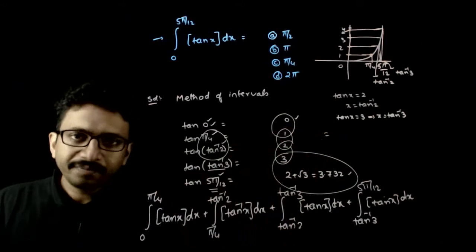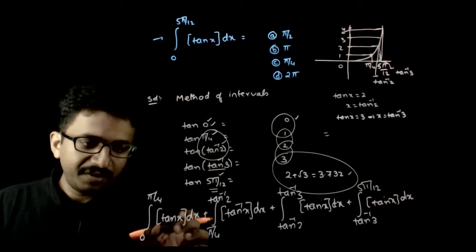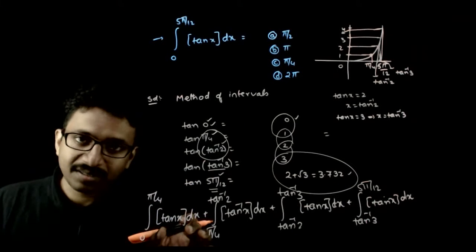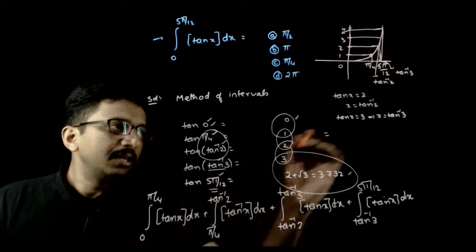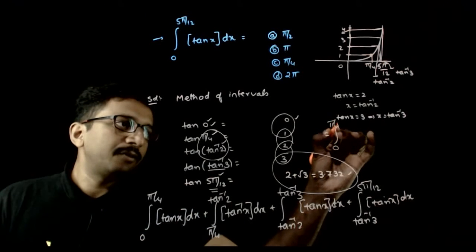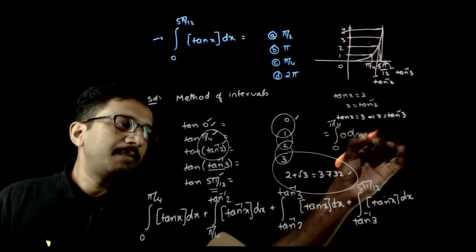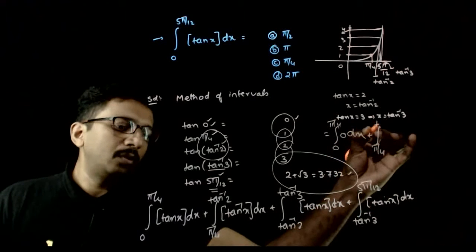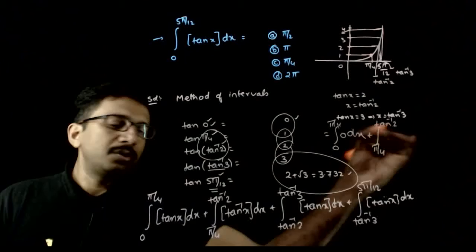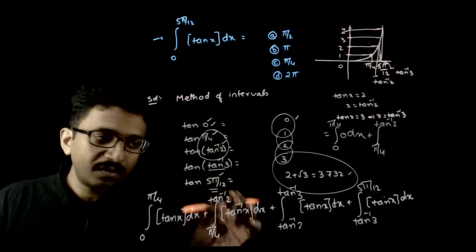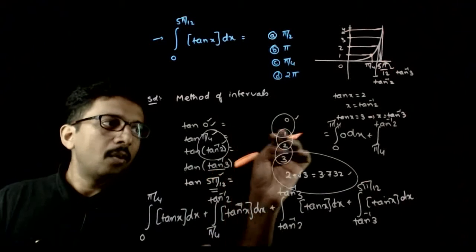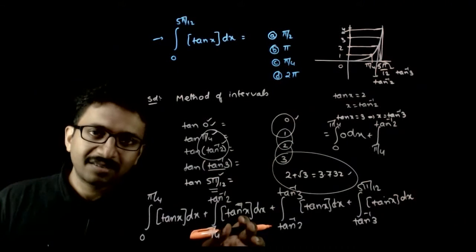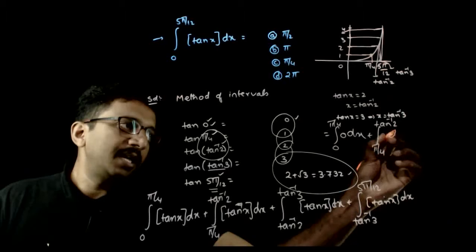Now let us try to simplify this. Between 0 and π/4, tan x lies between 0 and 1, so the integer part of tan x becomes 0. So, integration from 0 to π/4 of 0 dx, plus integration from π/4 to tan inverse 2: tan x lies between 1 and 2, so the integer part becomes 1, 1 dx.